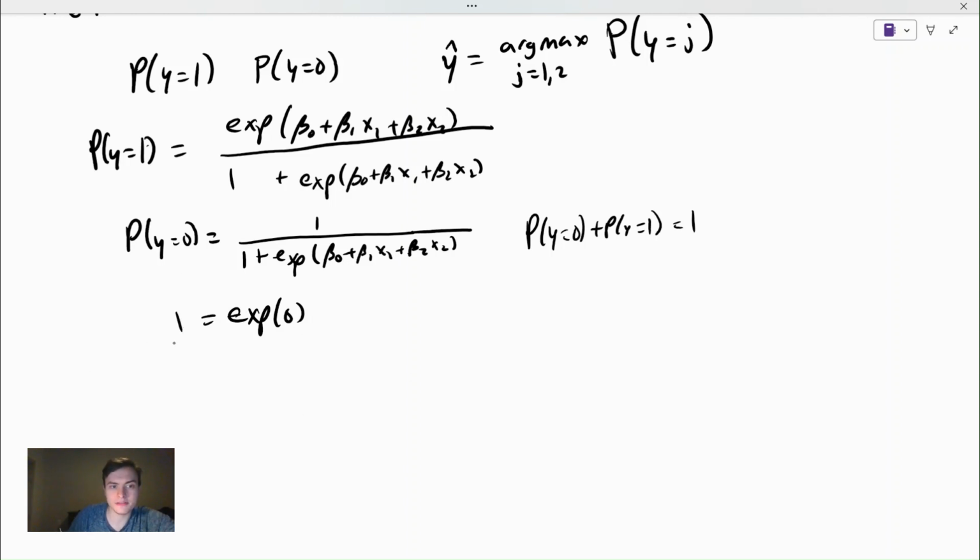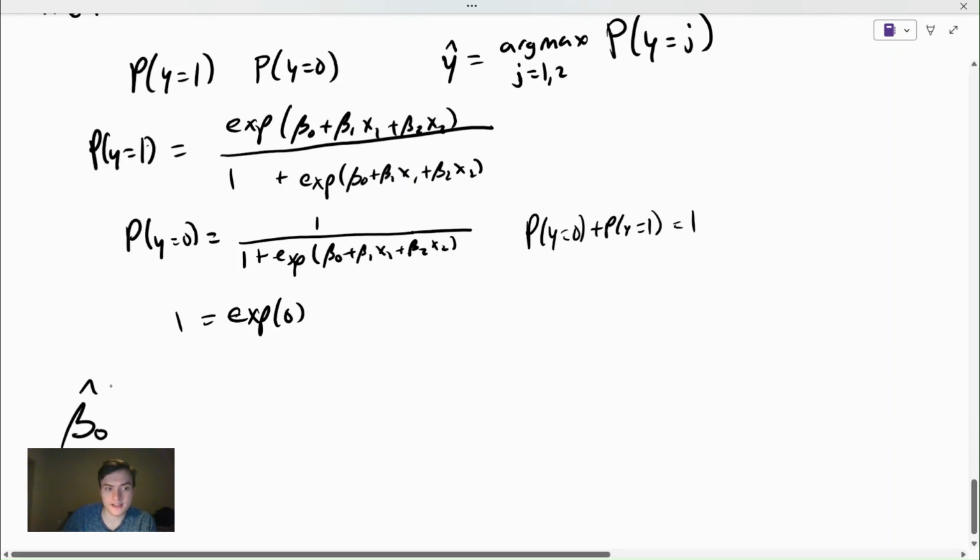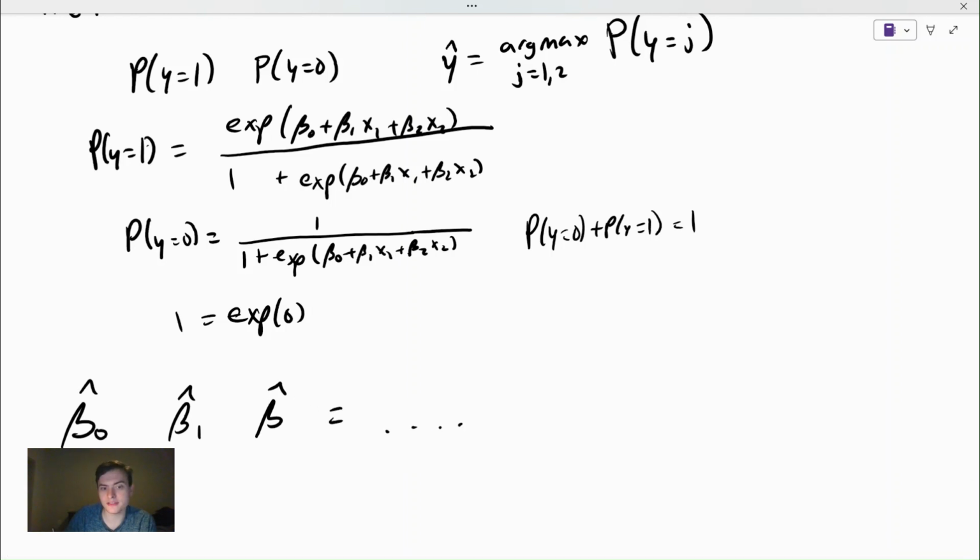Ultimately we would have to define an estimation technique, like least squares, for how we're going to get beta hat 0, beta hat 1 and beta hat 2. We want to be able to write them as some equation, and you can do that using least squares, minimizing the sum of squared error, or you could do maximum likelihood, where you write the likelihood of the parameters in terms of the data set and maximize it.